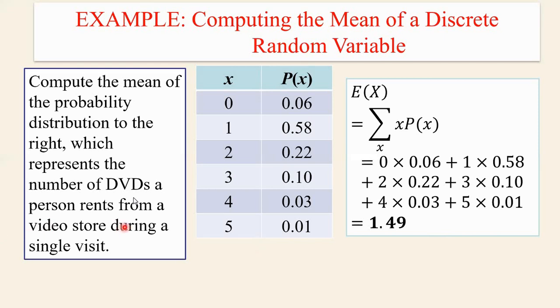So in simple language, we are saying that a person on average will rent 1.49 DVDs from a video store during a single visit. Only here we are adding the term, it is expected.